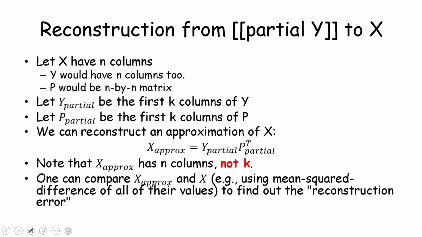We can quantify the reconstruction error by looking at how different the numbers in the approximation are from the original data matrix. The reconstruction error is closely related to the amount of variance we had captured in the first k components. If, say, the first k components capture 99% of the variance, then we can say that the numbers we get in the approximation should be fairly close to the numbers in the original matrix.